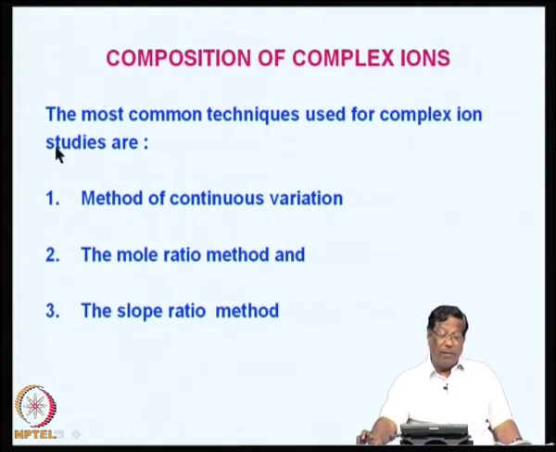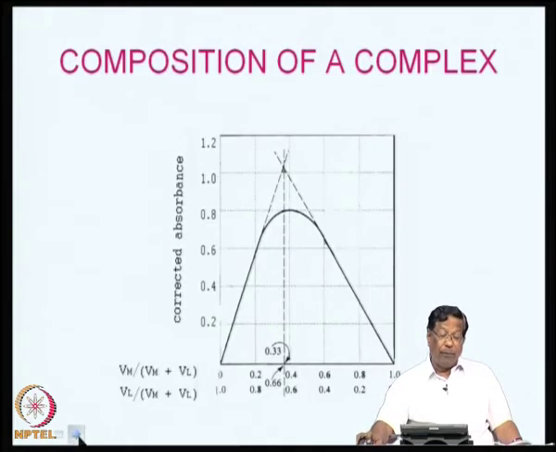So, there are three methods. One is the method of continuous variation, one is the mole ratio method, another is the slope ratio method, and this is the mole ratio method.